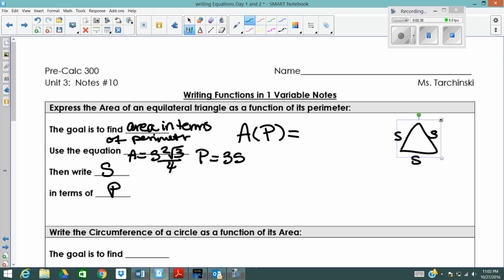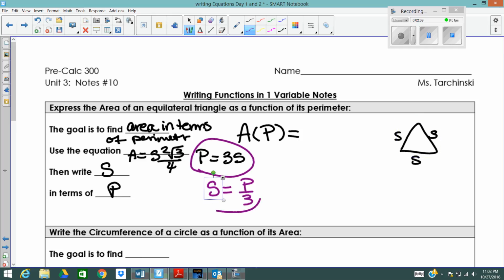So if we take a look at those two equations, both equations have s in it. So if I take my perimeter equation, solve it for s, I'll then be able to substitute it in. So I take my perimeter equation, p equals 3s, solve for s, we get s equals p over 3.